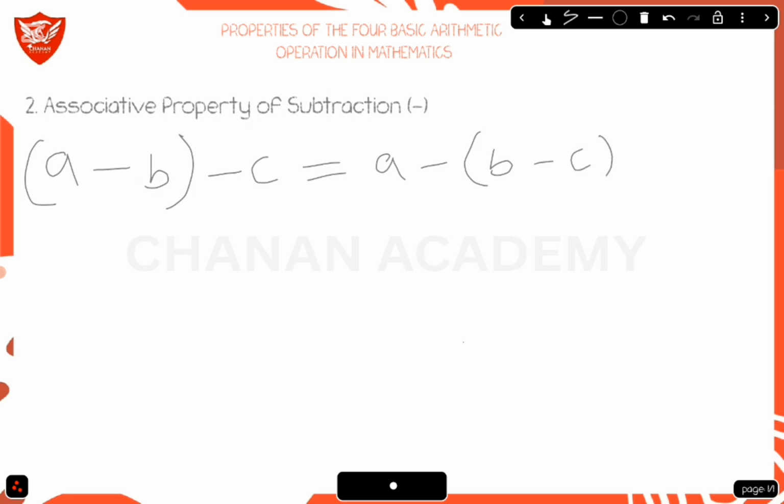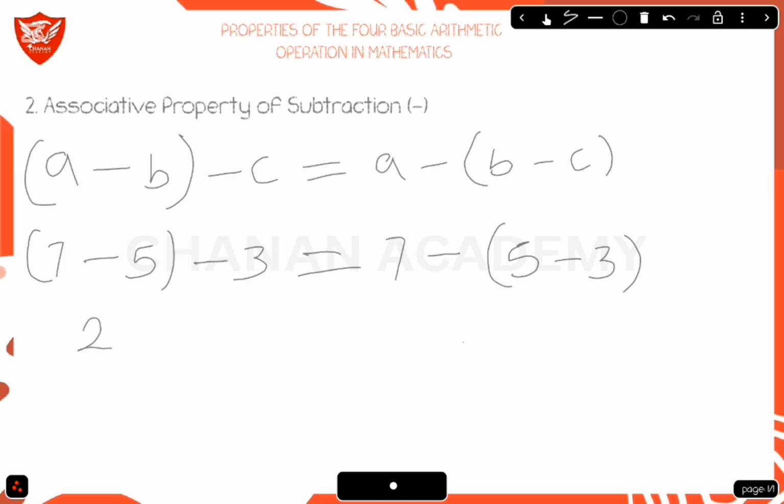A is 7, B is 5, and C is 3. So 7 minus 5, the result is 2, minus 3.